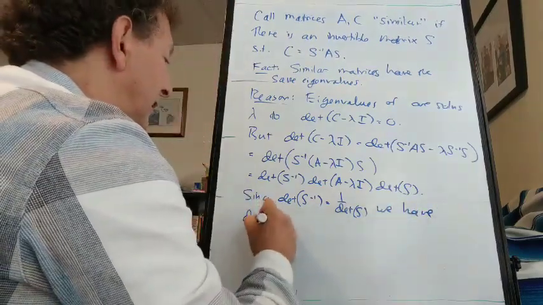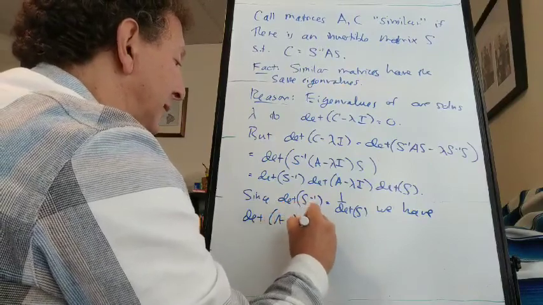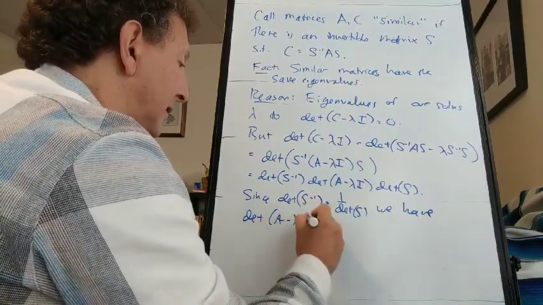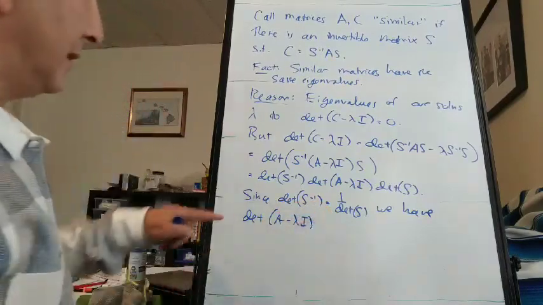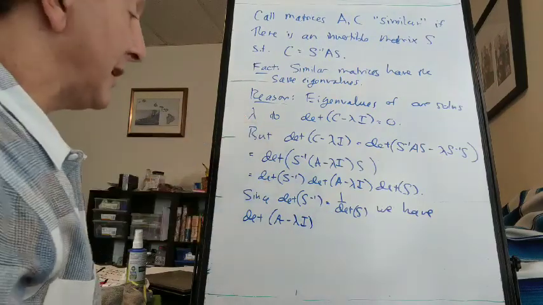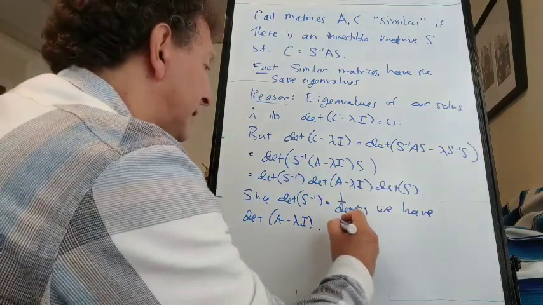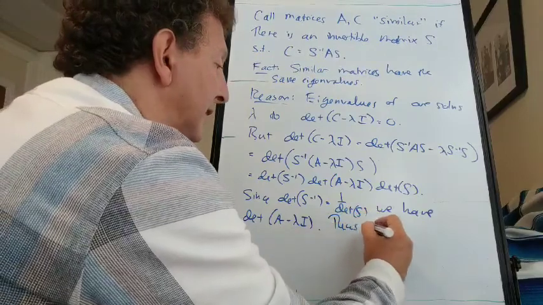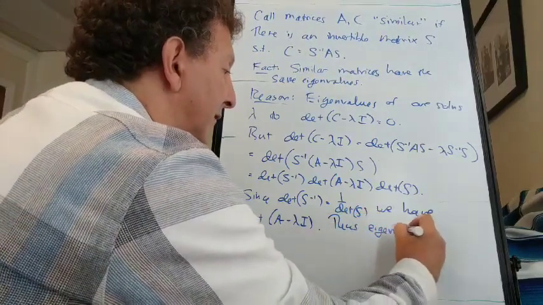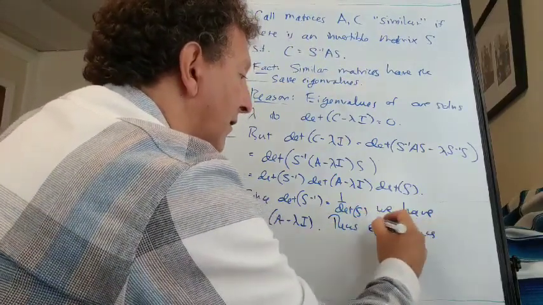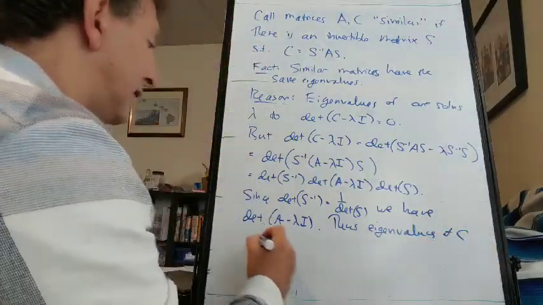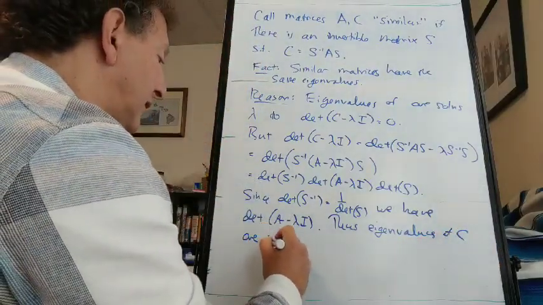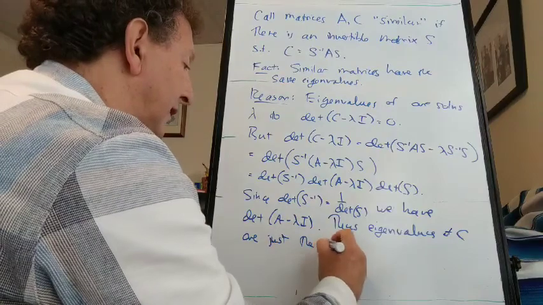So we have determinant of A minus lambda I. Now that is equal to determinant of C minus lambda I. So that means that the eigenvalues of C are just the eigenvalues of A.